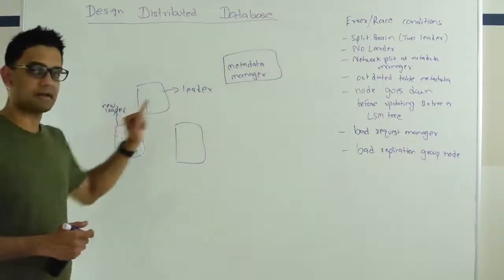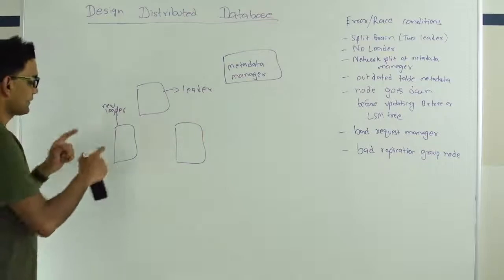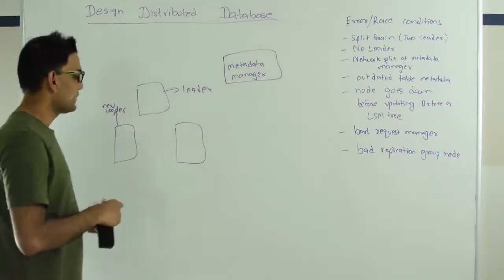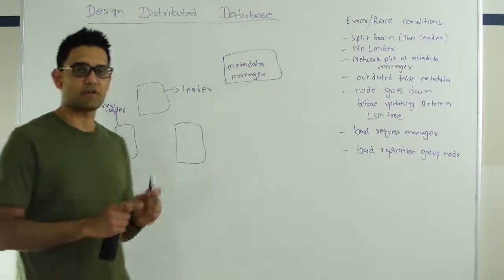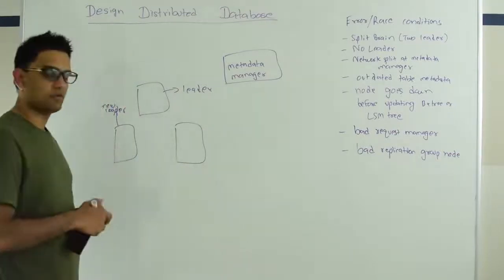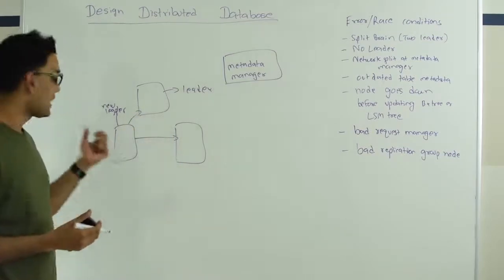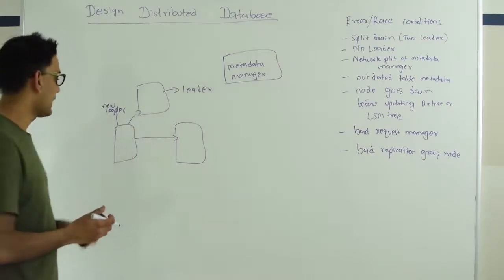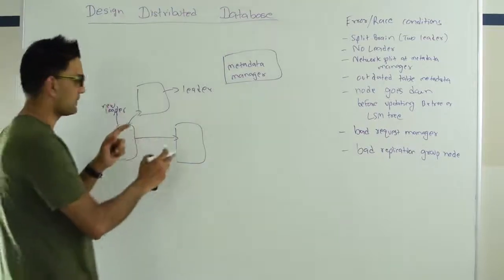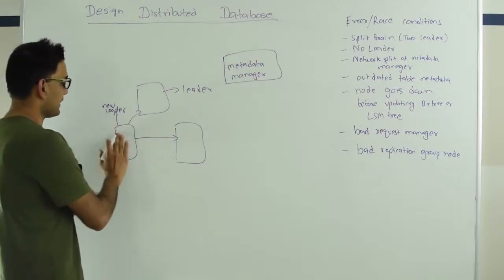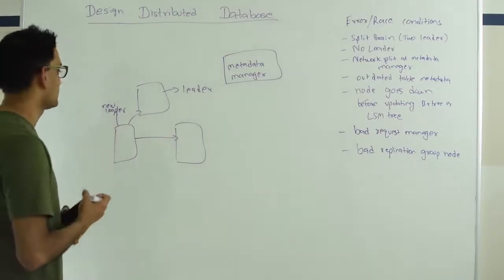When a new leader is elected by the metadata manager, the first thing it's going to do is talk to the majority of the replication nodes and make sure that the majority of them accept it as the new leader. So it's going to tell this guy and this guy, hey, I am the new leader, accept me as a new leader. And as long as the majority say yes, we accept you, then only will it go ahead and take the new leader position.